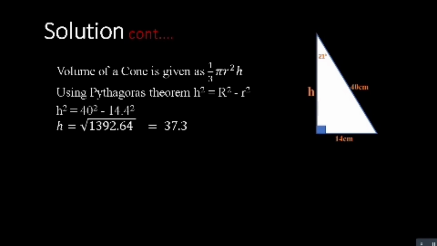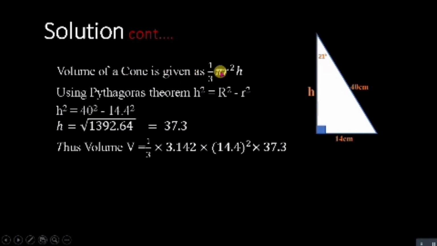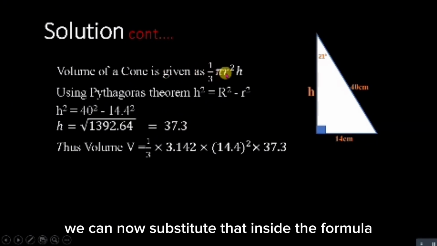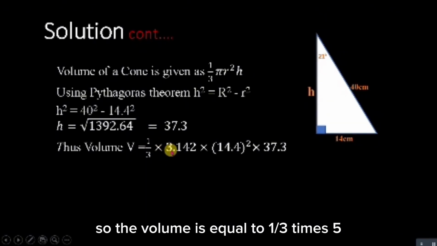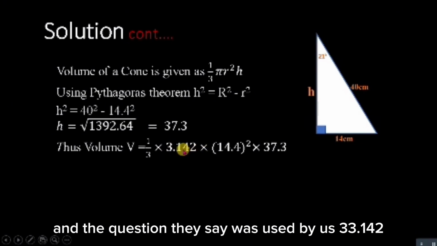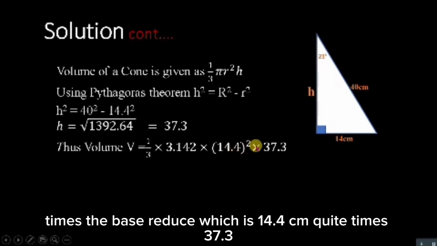We can now substitute that inside the formula 1/3 pi r squared h. So the volume is equal to 1/3 times pi, and the question says we should use pi as 3.142, so that's what we have just changed here, times the base radius, which is 14.4 centimeters squared, times 37.3, which is the height we just found.